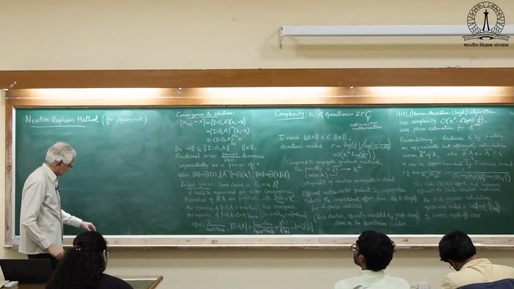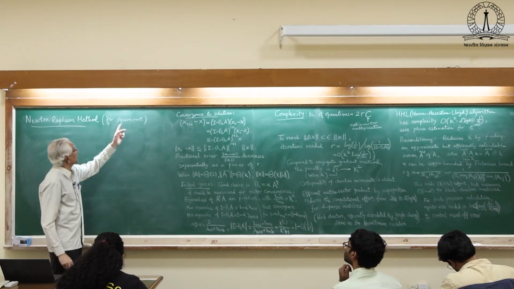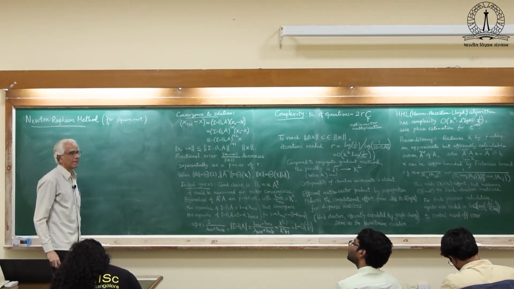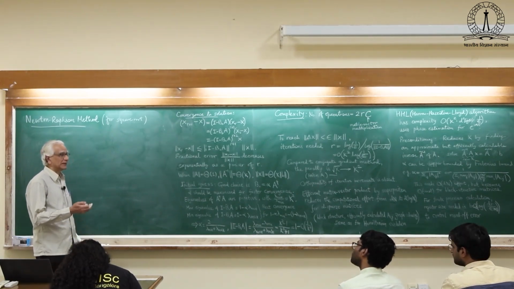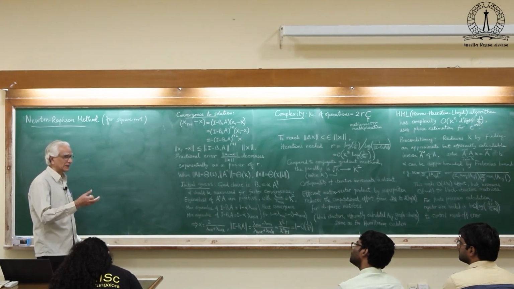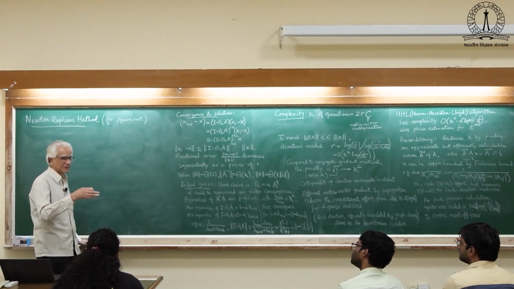The new feature which appears for these other functions like square root is a multi-valued character. For a number, there are two square roots, one positive and one negative. And so the iterative algorithm will converge either to one solution or to the other solution, or may not converge at all.